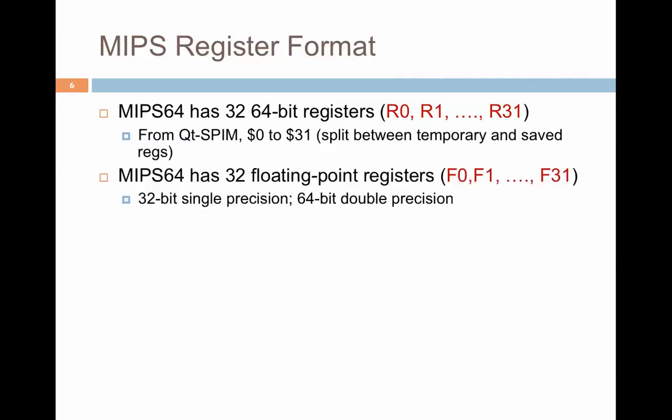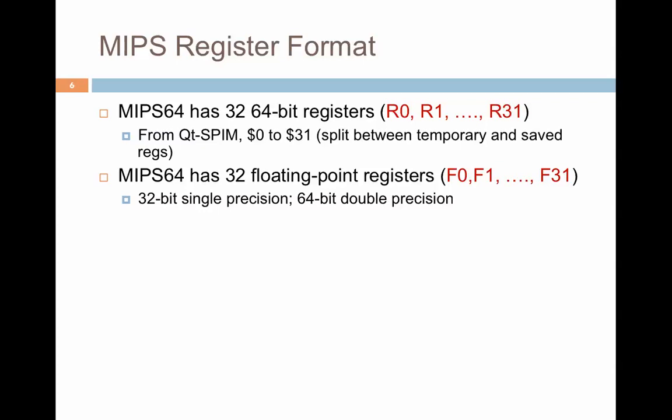Now MIPS64 also has 32 floating point registers. They are called F0 up to F31. They are 32-bit single precision, or they can also be 64-bit double precision. The way it works is each register is 32 bits. So if you use F0, F1, F2, F3, all the registers, they are considered single precision registers.